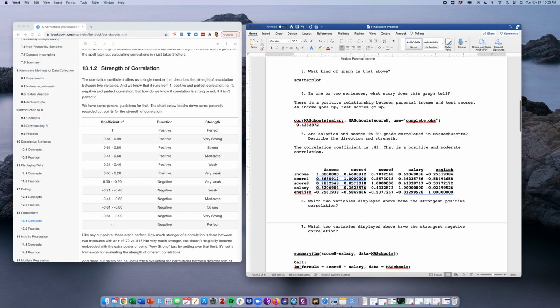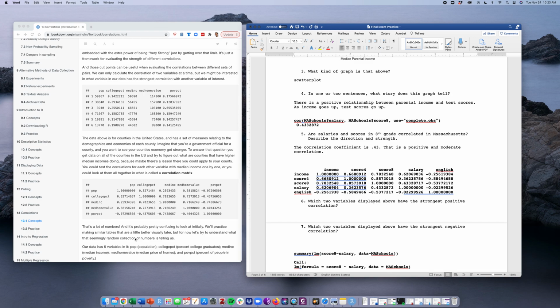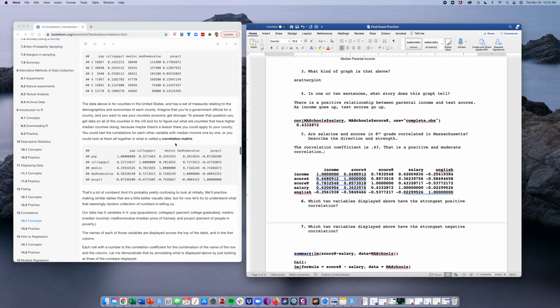I then give you this correlation matrix, which we talk about as a way to show the correlations between multiple variables at the same time. And that's right down here, the correlation matrix. And so what I want you to pull out of this is which two variables have the strongest positive correlation, and then separately which two have the strongest negative correlation. And the strength of correlation is always the distance from zero.